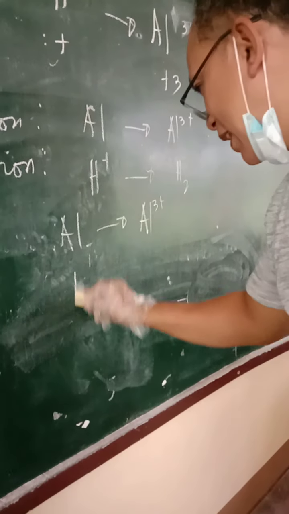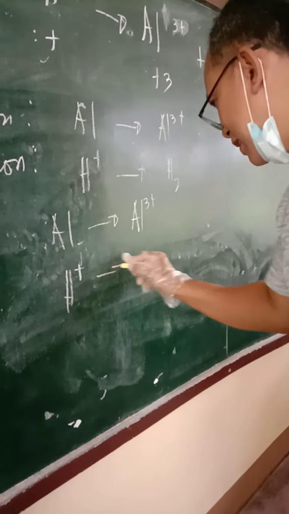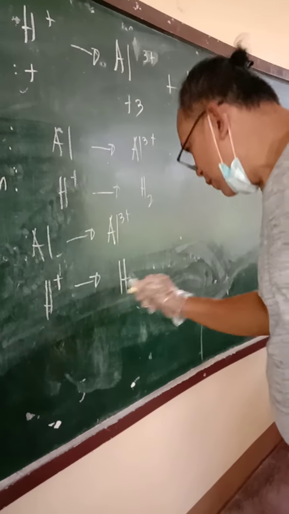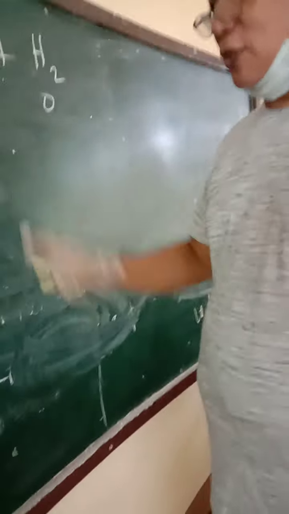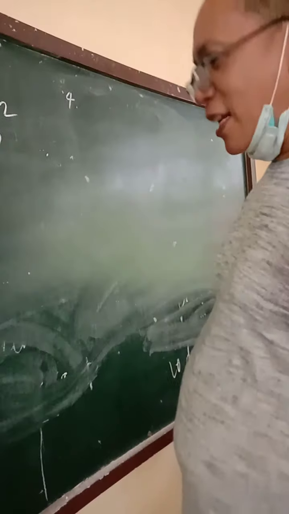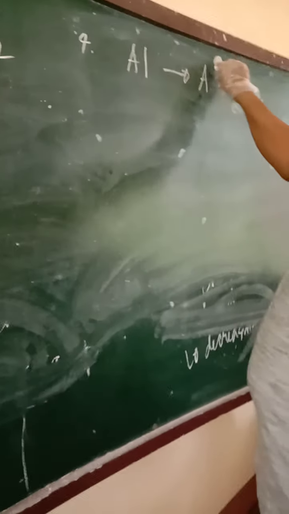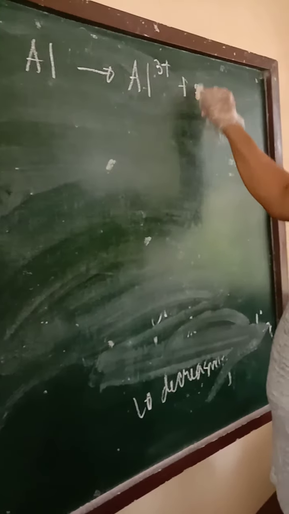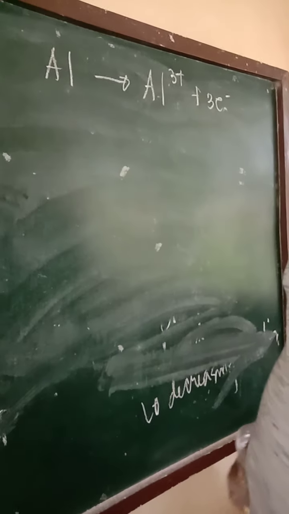For hydrogen, there are two here, so we place a 2 here. Step 4, balancing the number of electrons. For aluminum, 3 plus, so to become 0 we add three electrons.